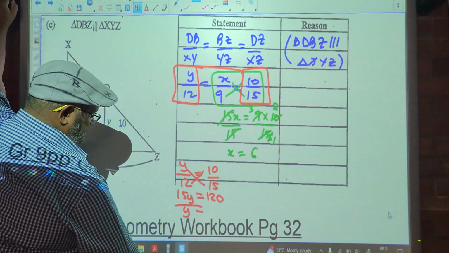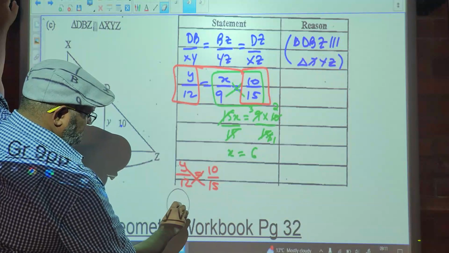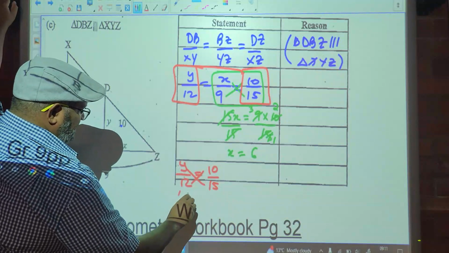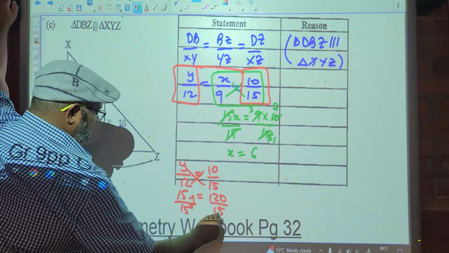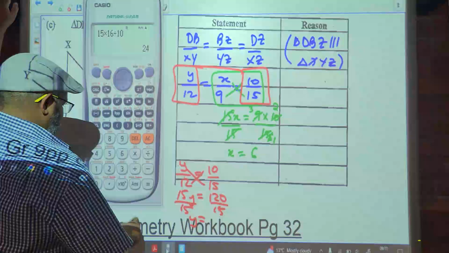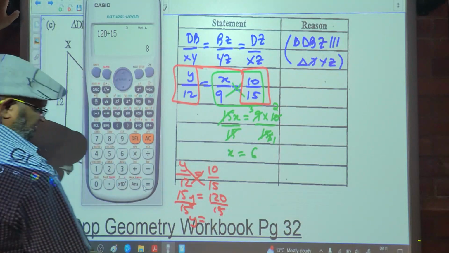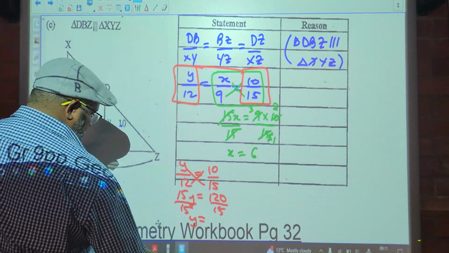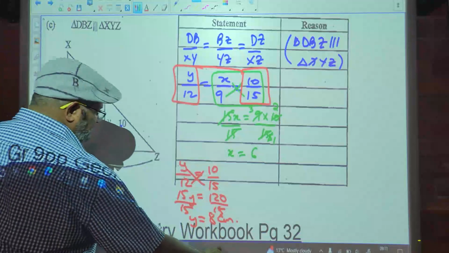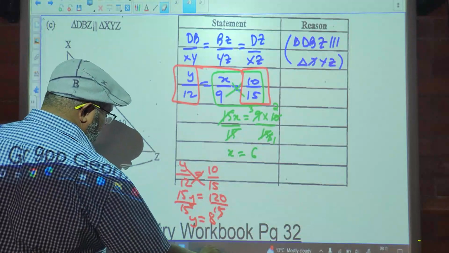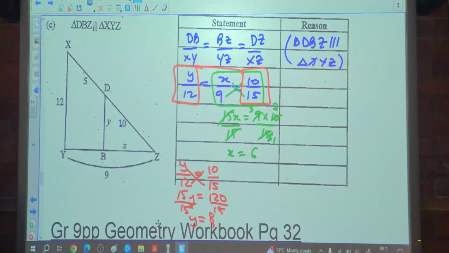So y is equal to 120 divided by 15, which gives an answer of 8. So y is equal to 8 centimeters. Well, there's no unit, so you can leave it blank. Okay. People, is there any confusion here?